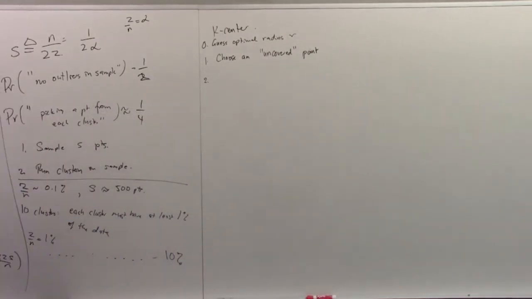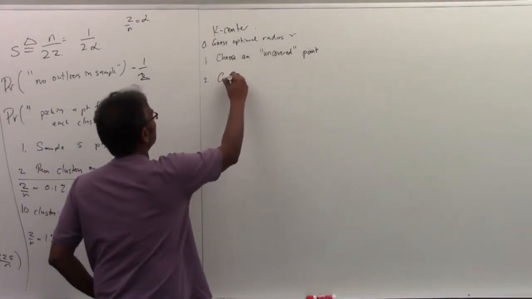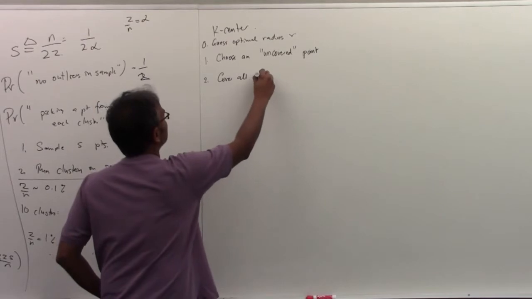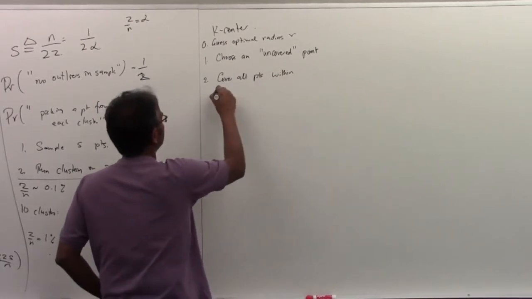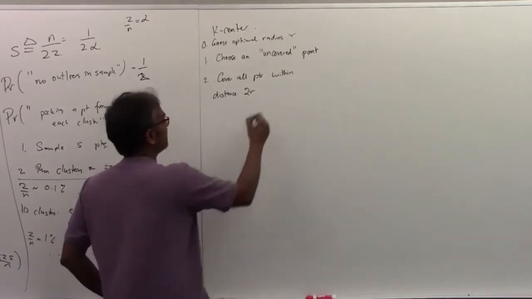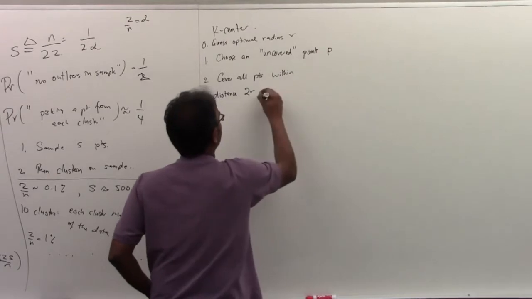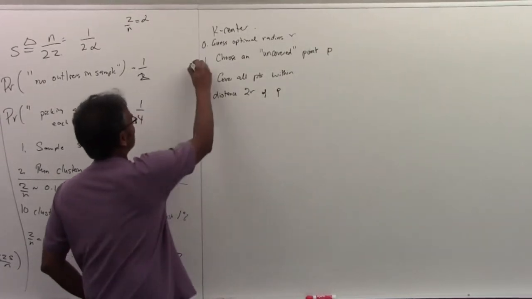Just guess it first. Step 1: choose an uncovered point, where in the beginning all points are uncovered, and cover all points within distance 2r of that point, and then repeat.